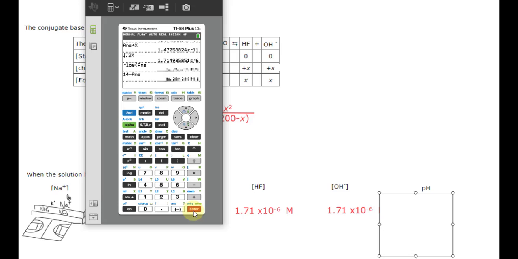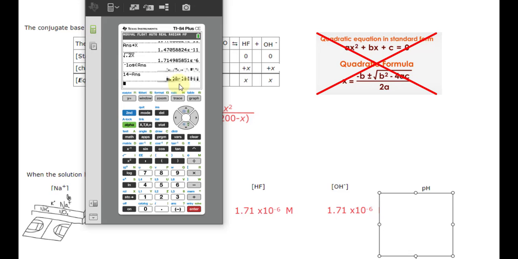We expect a slightly basic solution. Again, you'll notice my calculator here blurs out the answer, so you're going to have to try and figure this one out yourself and carry it out to the hundredths. Typically on WebAssign, they like to have it to hundredths. On an AP exam, you'd carry it out to hundredths too. A nice problem with a weak base and a Kb without quadratic equations or using the solver. This is acid-base equilibria.